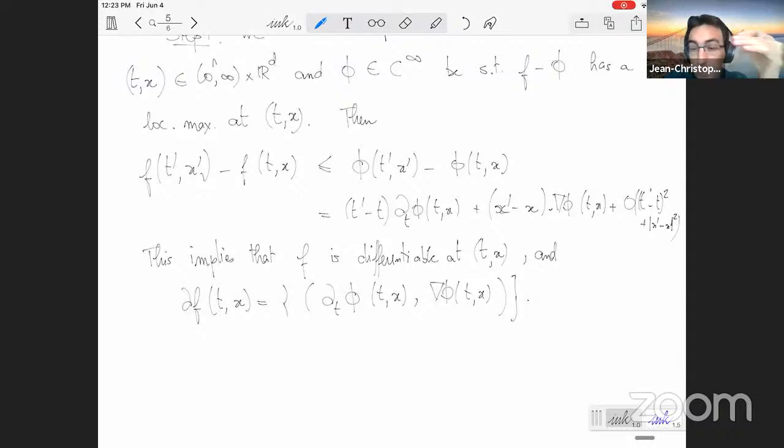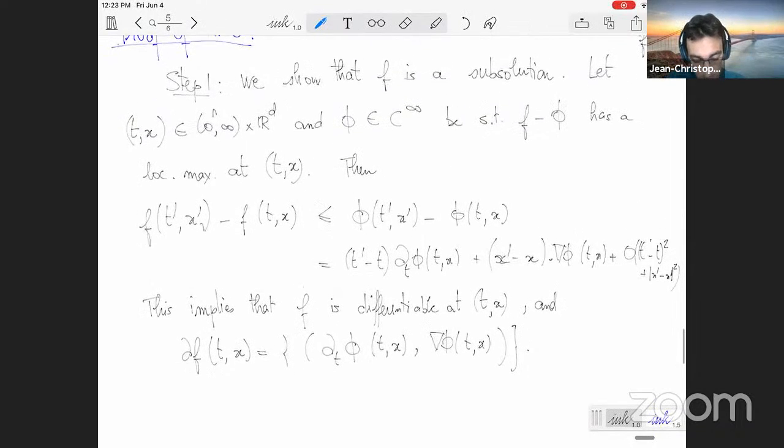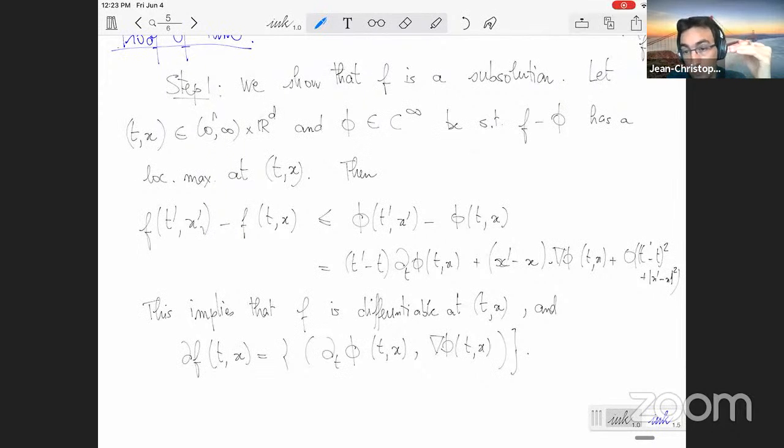Okay, so by the observation, by this thing I called the consequence above, we know that at any point of differentiability of f, the function solves the equation. And now we have said that the derivatives of f and phi coincide.